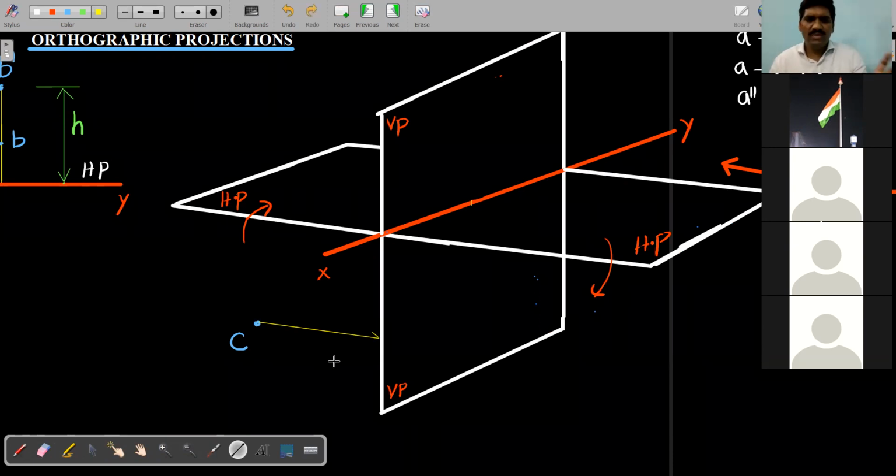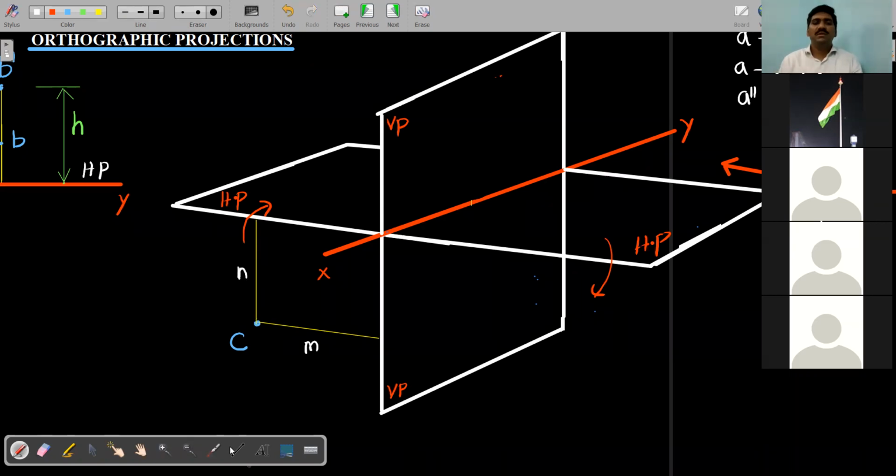Let it be some distance, for example. Now I am taking the distance as m, some distance here.